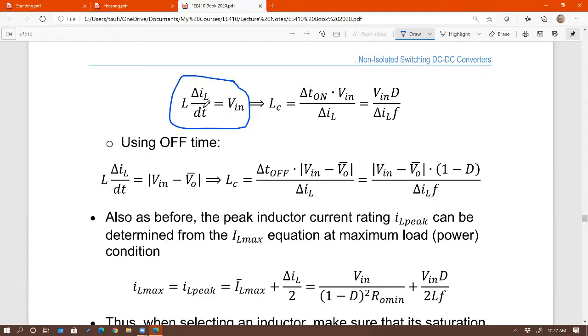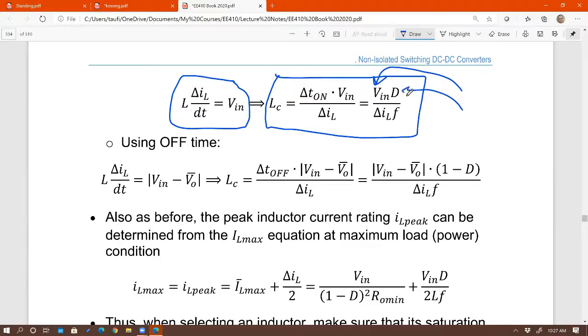So V in is equal to L delta IL over delta T, and you have delta IL right there, and the only unknown is L. So from there you get your equation. See that? V in, duty cycle, delta IL that you pick between 30% to 40%, and then frequency. Very simple way. Any questions?